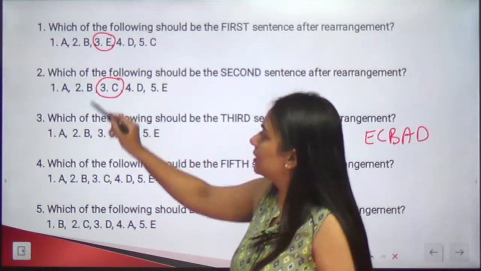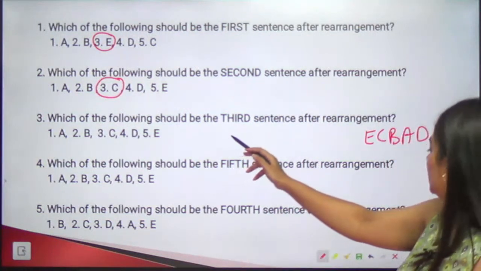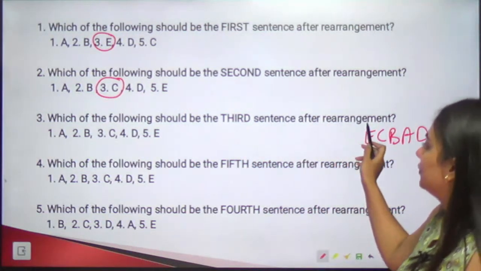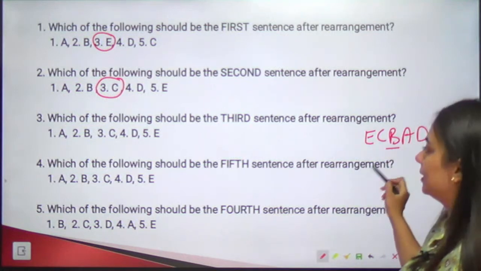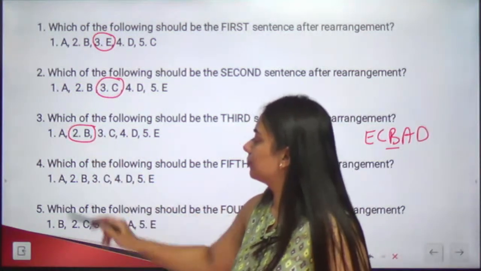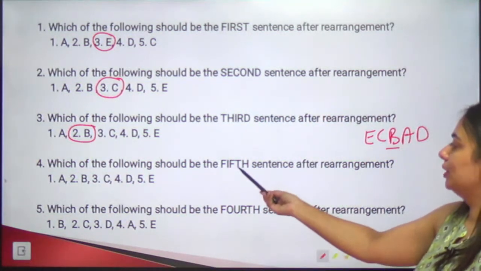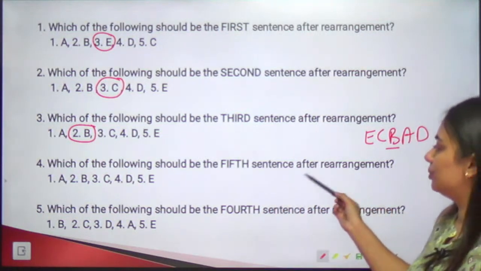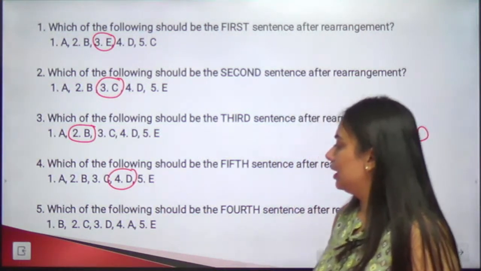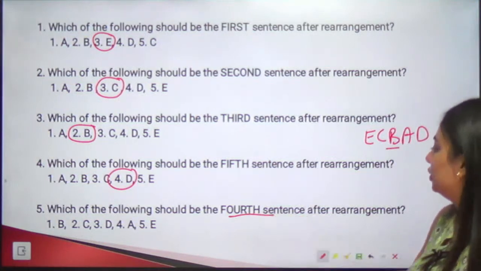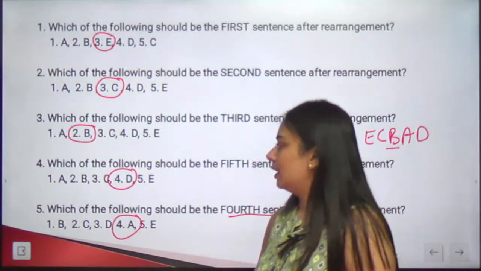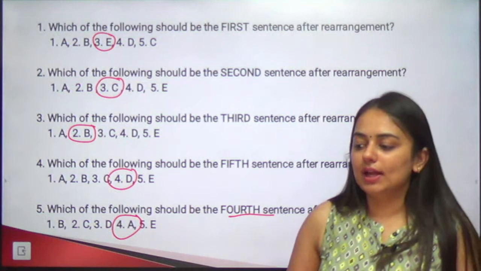It should be C. Which of the following should be the third sentence after rearrangement? The third one is B. Which of the following should be the fifth sentence after the rearrangement? It should be D. And which of the following should be the fourth one? It should be A.